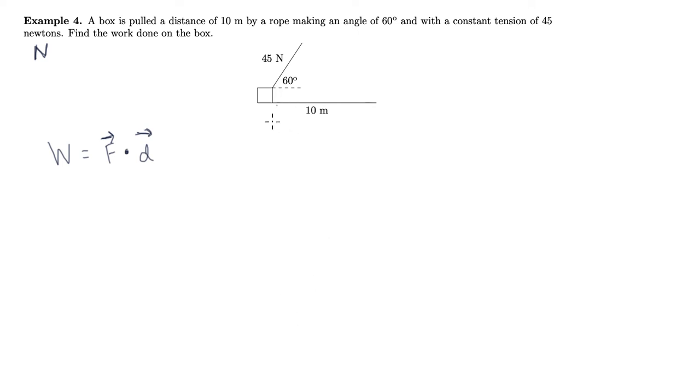Okay, so the force vector here, let's put it in terms of its horizontal and vertical components, or its xy components. So the horizontal will be 45 cosine of 60. And then the vertical will be 45 sine of 60.